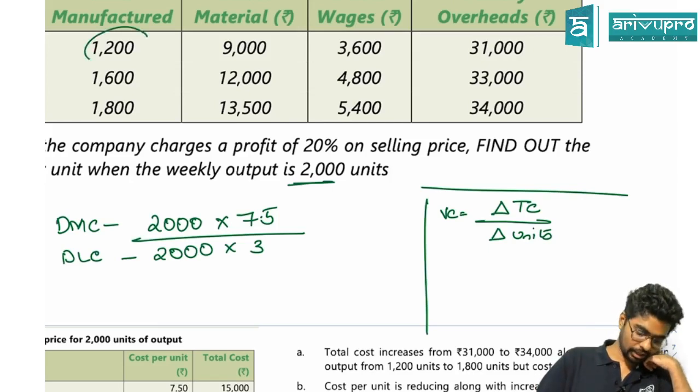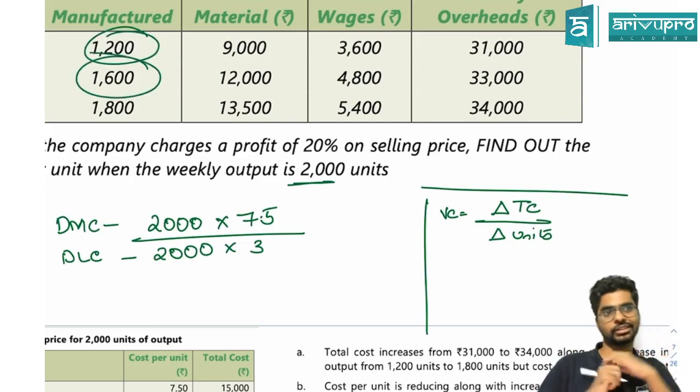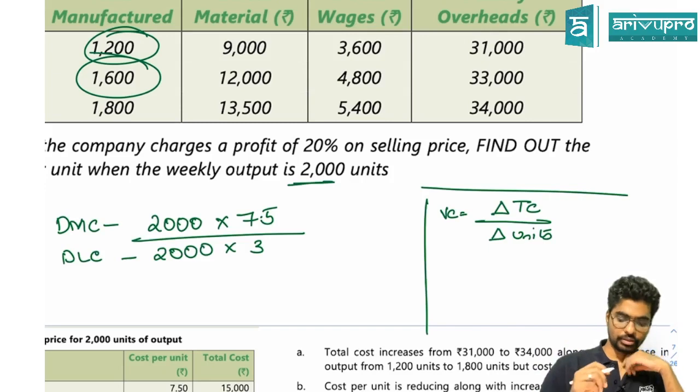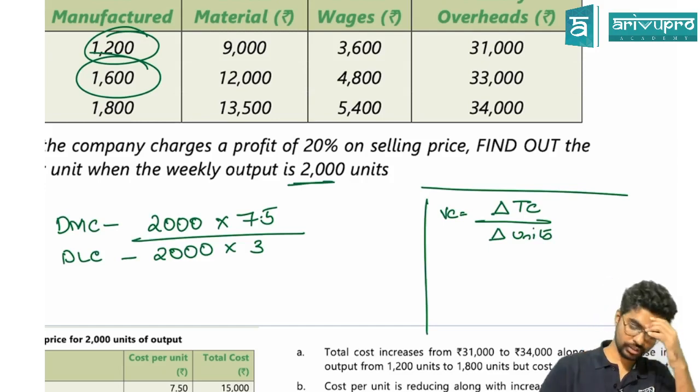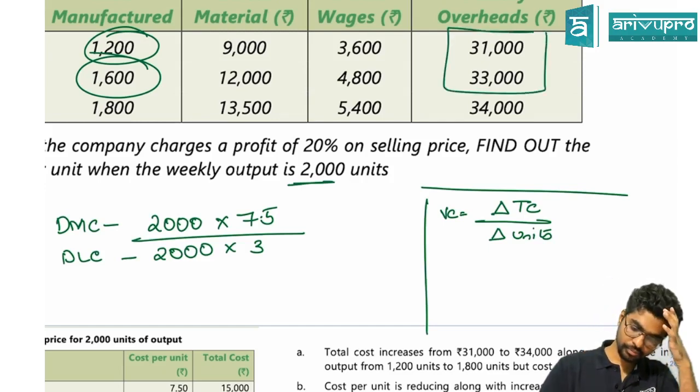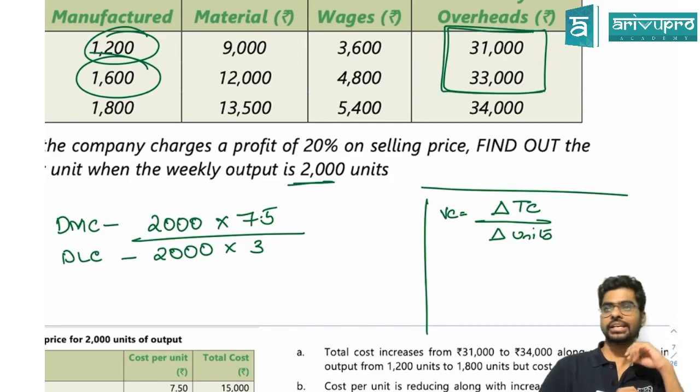So, I will take 1200 units and 1600 units. Two manufacturing levels I will take. Are you clear? Variable cost is found out by what? Change in the total cost divided by change in the units. So, let me do this. What is the change in the cost? How much has the cost changed, Naveen?